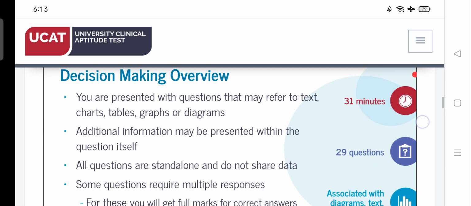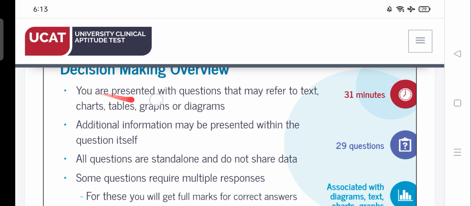Okay, next, you are presented with questions that may refer to text, charts, tables, graphs, or diagrams. Additional information may be presented within the question itself.